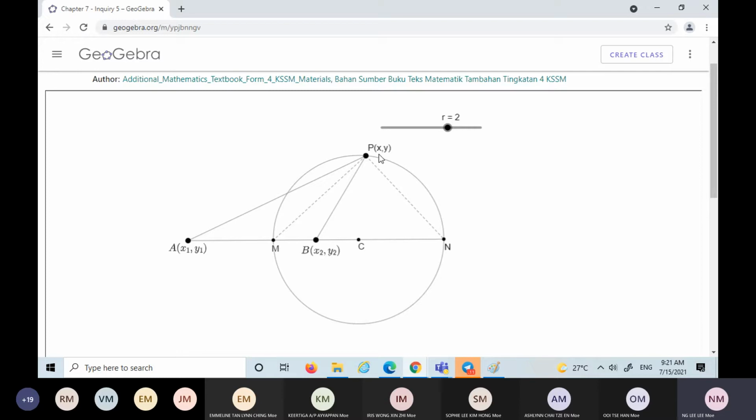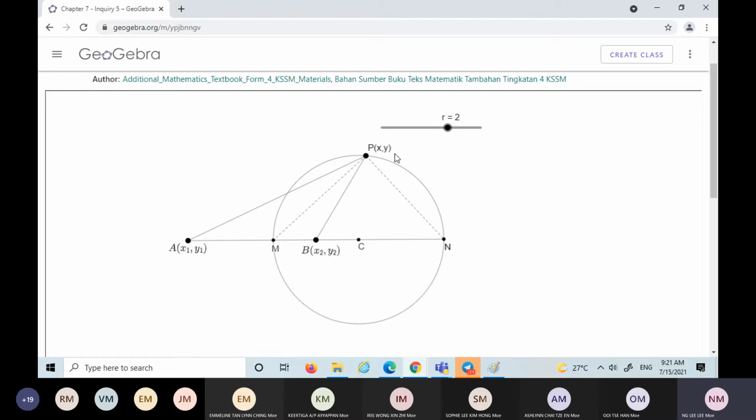So you see, always for a moving point, you put (x, y). The fixed point A is labelled x1, y1, and point B is x2, y2. R is 2, this is the ratio. The ratio of P to A, to P to B, PA over PB is 2. This is the meaning.